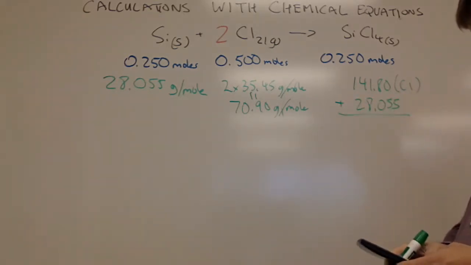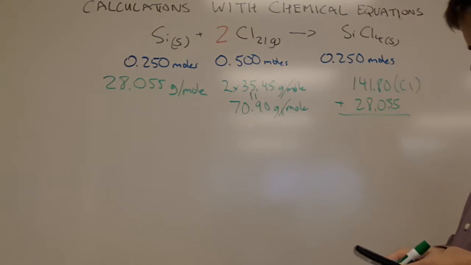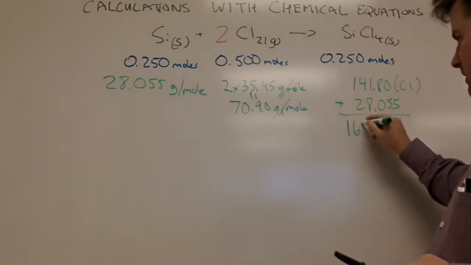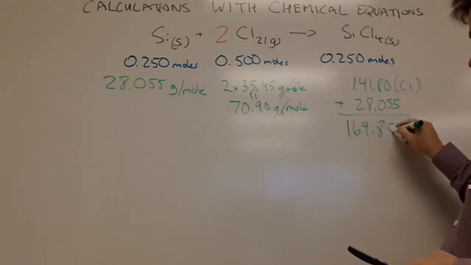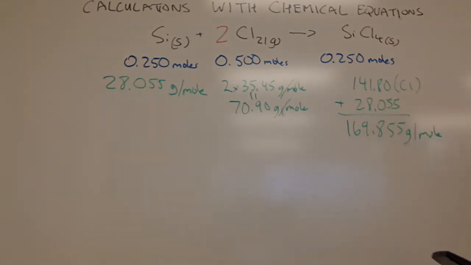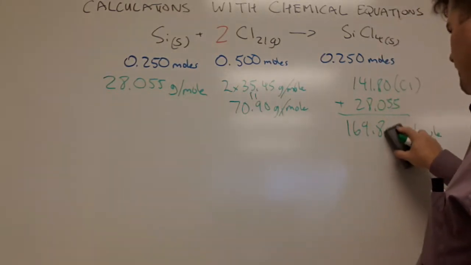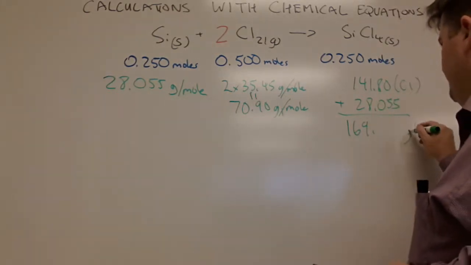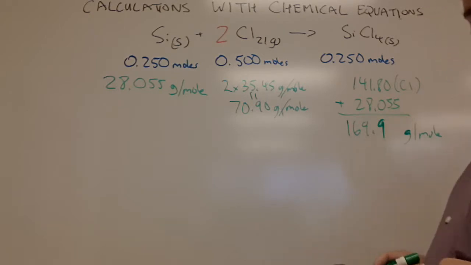What I get is a total mass of 169.855 grams per mole. Now if I look at sig figs on this thing, I really have this. That's where my sig figs are at. So those are my masses. So far, so good. Now what do we do?